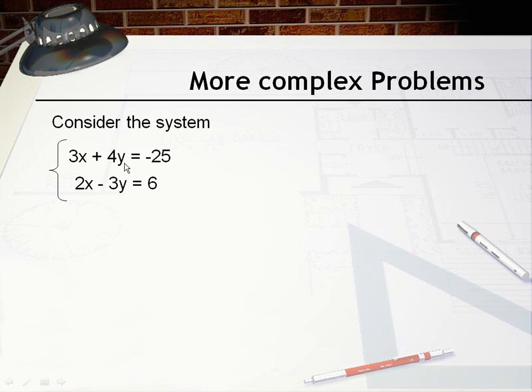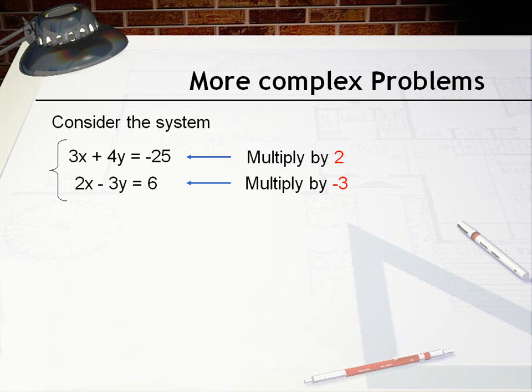So what would you suggest? Now notice, this 3 and this 2, they're not multiples of each other. Therefore, we're gonna have to multiply both by something in order to get the same thing. And this 4 and this 3, they're not multiples of each other.